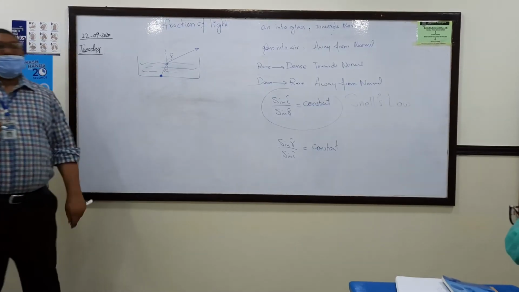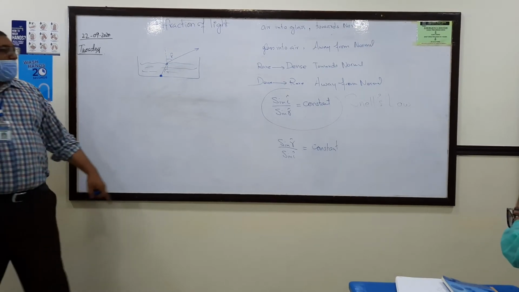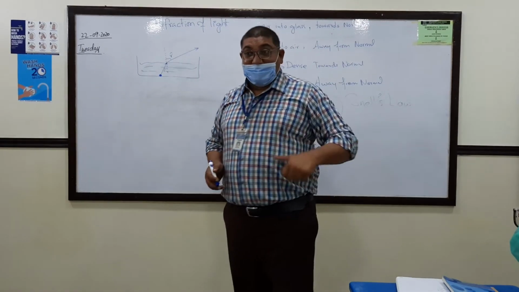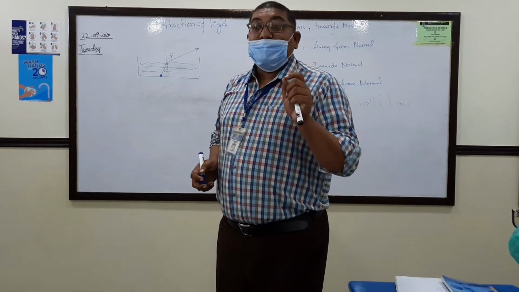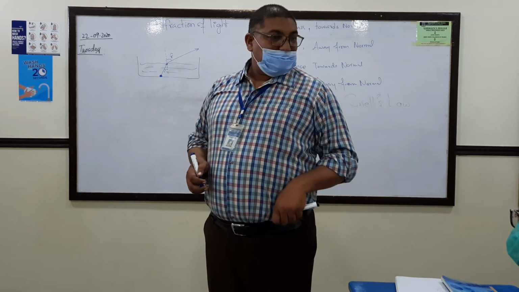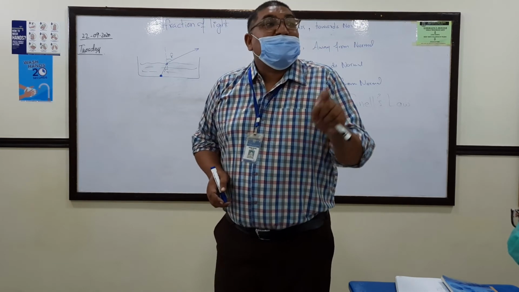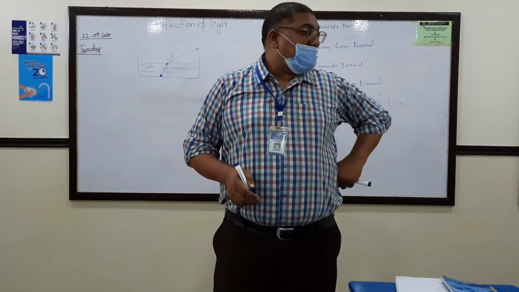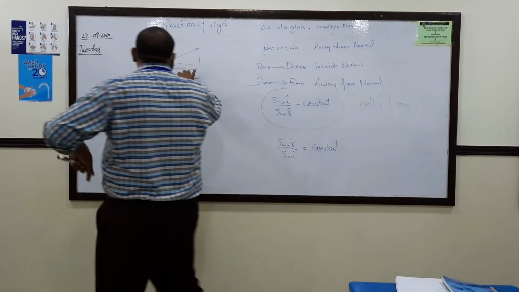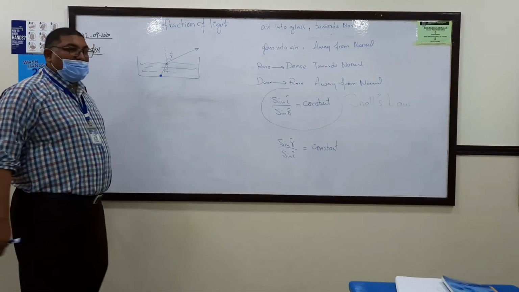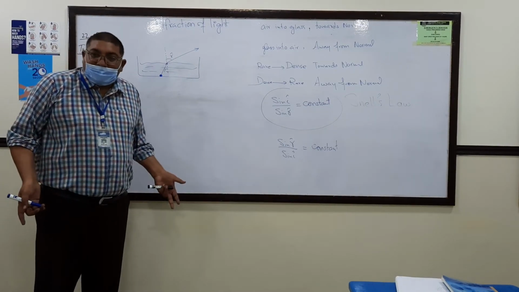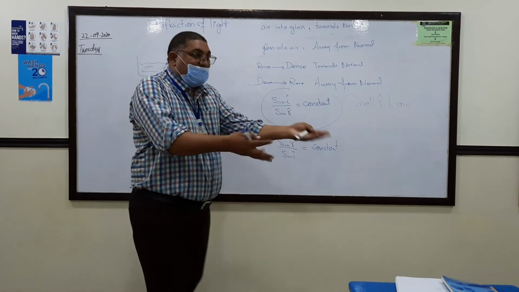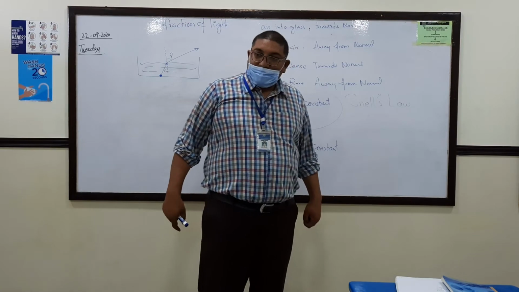If I have this situation and I am doing a numerical, in the numerator I always put that angle which is in the rare medium. Here I am talking about water and air. Water is dense compared to air.